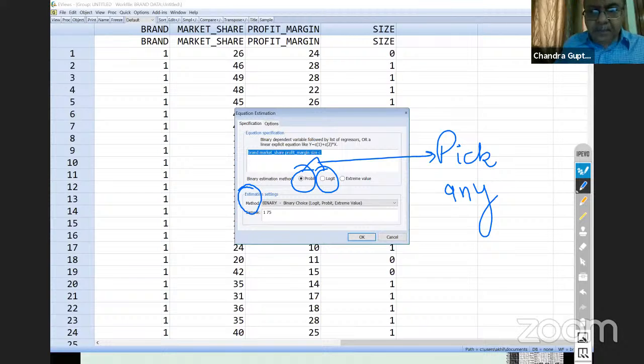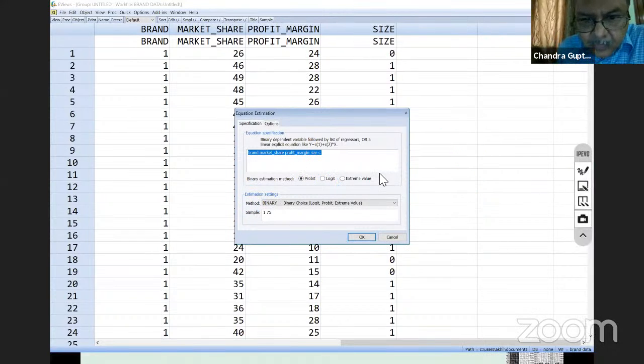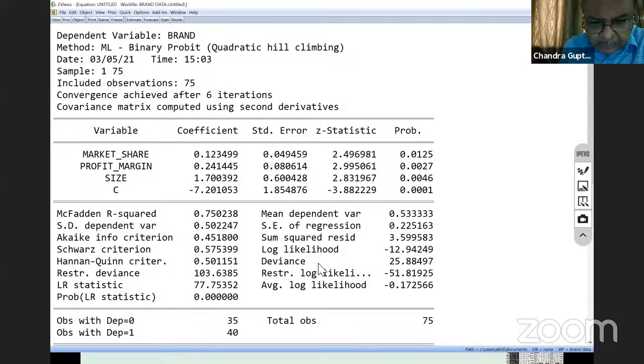So I pick probit and say okay, and that is the result which we get.